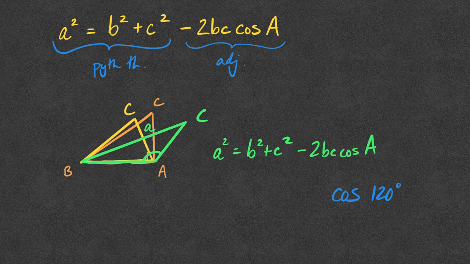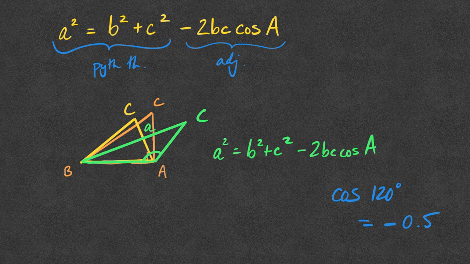You will notice when you punch in cos 120, cos 100, cos 91, that when you punch in cos of an obtuse angle, something interesting should have happened. When I punch in cos 120, I get 0.5, but not just 0.5. I actually get a negative value.